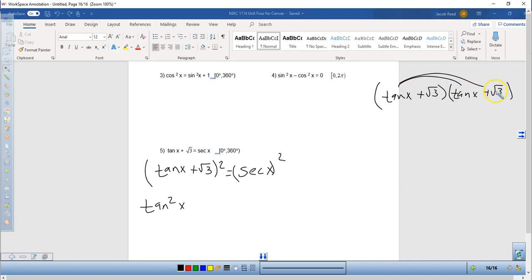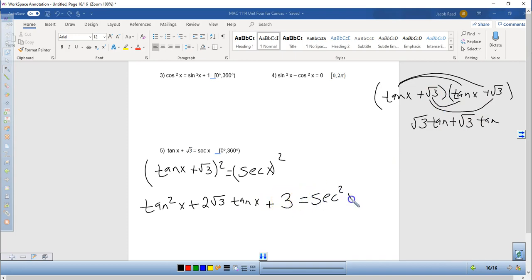Tangent times root 3 is root 3 tangent. And then root 3 times tangent is another root 3 tangent, which means I have 2 root 3 tangent. And lastly, I have root 3 times root 3, which is 3. And that's going to be equal to secant squared.